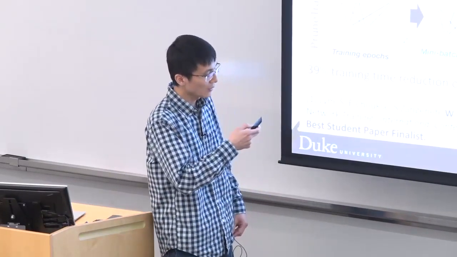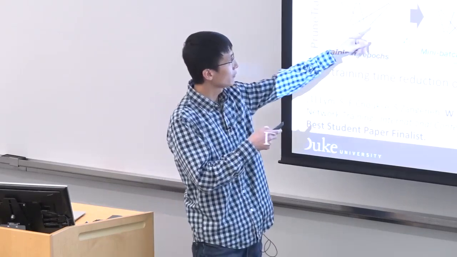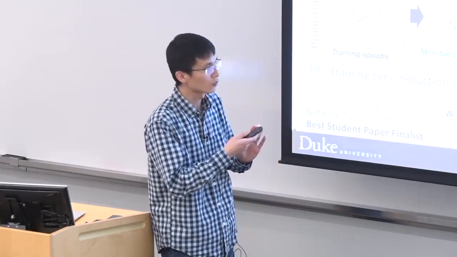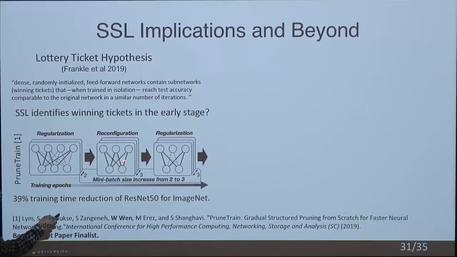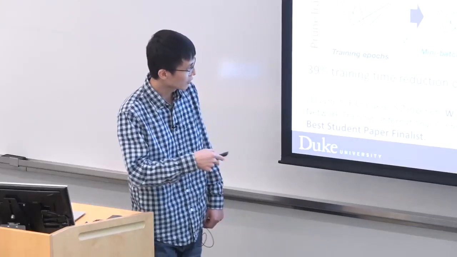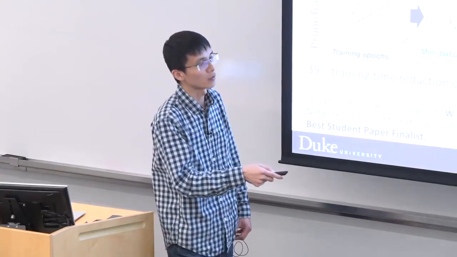So that means we can just remove those useless structures, gradually remove them one by one, and finally converge to a smaller neural network, which is probably the winning ticket. This gives us about 40% training time reduction for ResNet on ImageNet. And this paper was nominated for Best Student Paper in supercomputing this year.